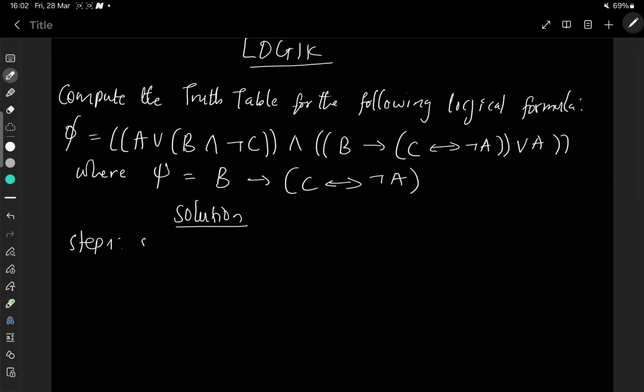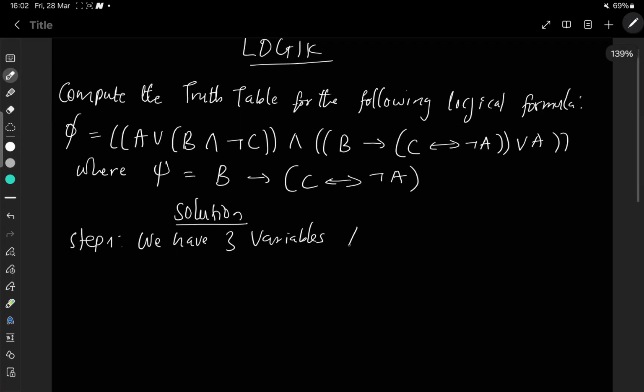Since we have three variables, A, B, and C, let's identify the variables that we have. We have A, B, and C. These are the letters that are given to us.